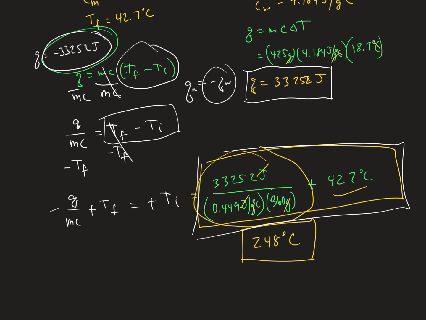Because all we're using here is Q equals MC delta T. We're not using a calorimeter at all here. But I told you I was going to do some more. If you want to do more of that, we can. We did it twice here. So basically, we're just using that same equation again, just one time.